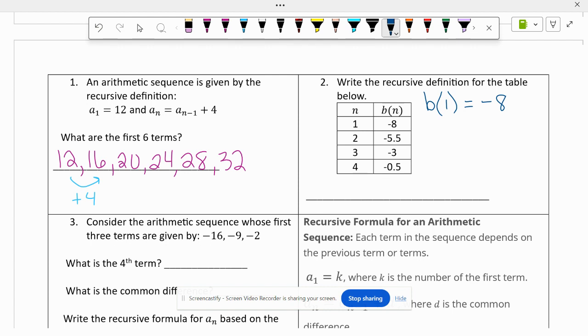What about what's happening each time? This kind of looks like a slope table, if you ask me. This kind of looks like a slope table, right? Like when we would calculate slope. What's happening on the y side? What am I doing every time to get to the next term? I'm adding something because they're getting closer to 0.